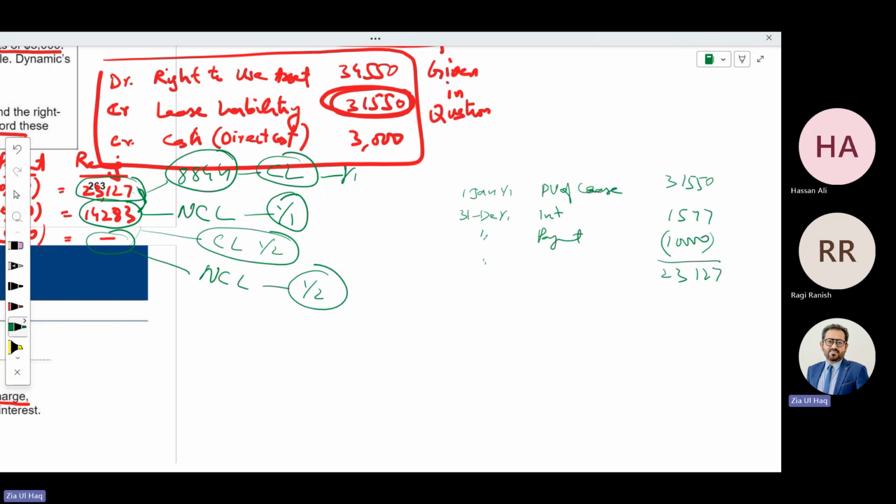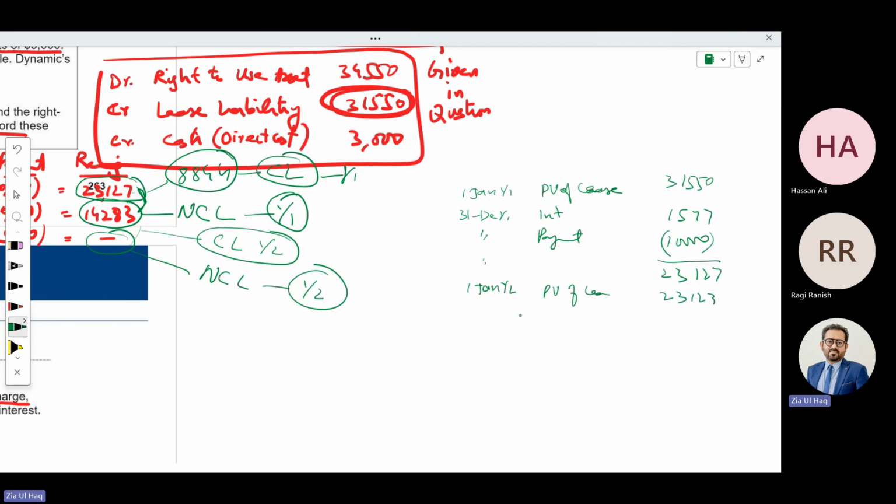But to bifurcate it into non-current and current liabilities, we need to calculate the next year ending balance as well. So at start of 1st January year two, this will be the opening balance. So PV of lease liability will be 23127.